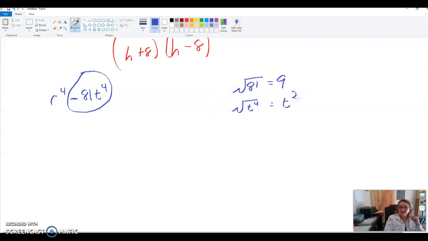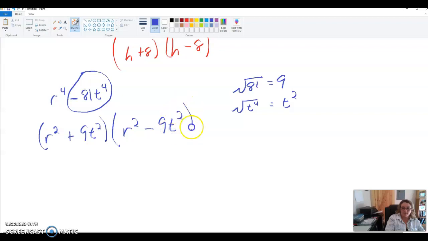So if I'm doing the difference of two squares, I'm going to break this down, and I have r squared plus 9t squared times r squared minus 9t squared.